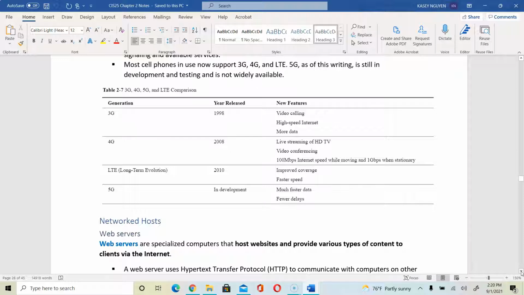LTE was more on the coverage, where you would get faster speed and a wider span in the range for coverage. 5G is faster data transfer and fewer delays. So we improved the performance with 5G with the speed, but you would know that the range would be less.